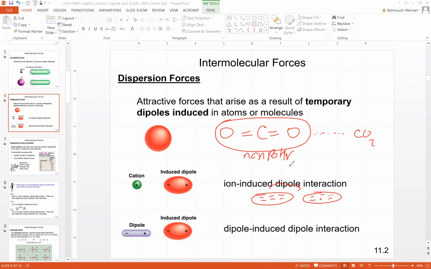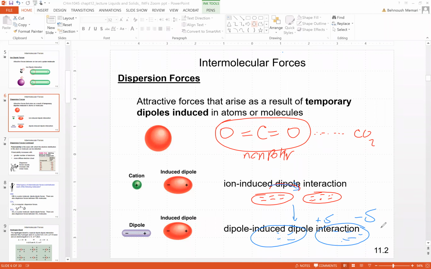As a result, after this force or disturbance is applied, you're going to have a negative charge on this side, but these electrons are going to be pushed away. And if the electrons are pushed away to the other side of the molecule, then this side of the molecule would be negative, this side would be positive.